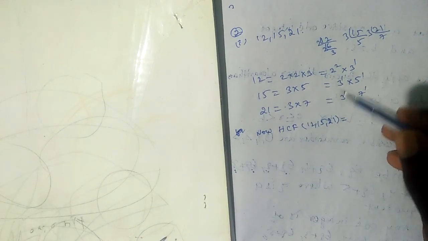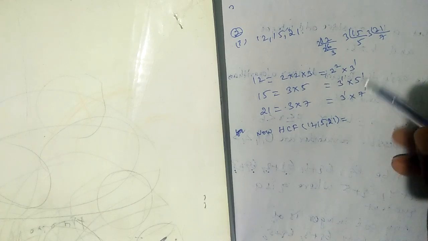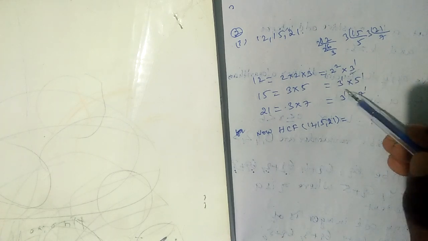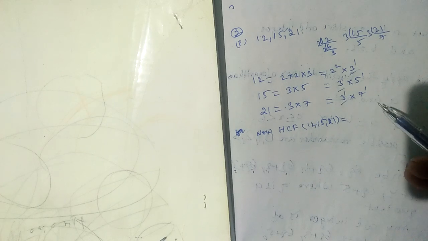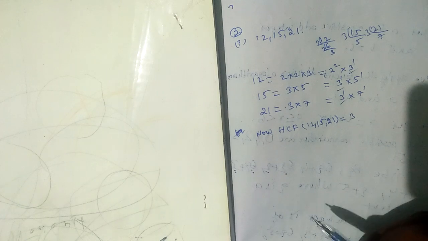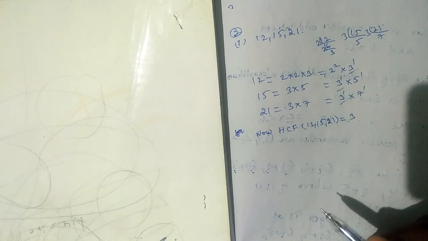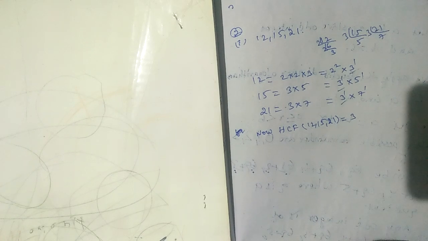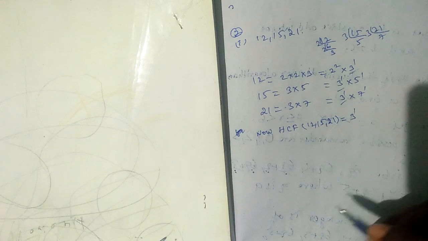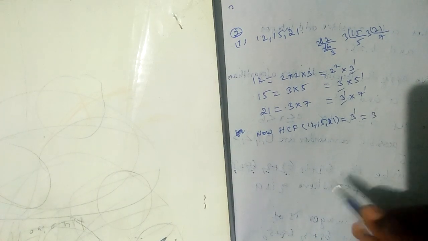In these three numbers, we have only one factor, that is 3. It is contained in all three numbers. So 3 is the common factor. Now you write the least power of this number. So what is the least power? 1 only. So HCF is 3.